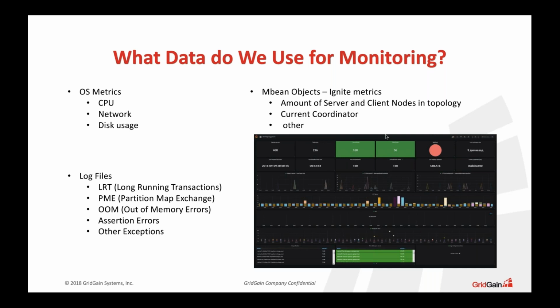For example, we can see CPU, network, or disk usage, and the number of server and client nodes in the topology. Through the log files, we can see long-running transactions, partition map exchange, out-of-memory errors, assertion errors, and other exceptions. Based on this, our 24/7 team can help our customer determine where the problem is. I'll go into detail on some of the metrics and dashboards we use.